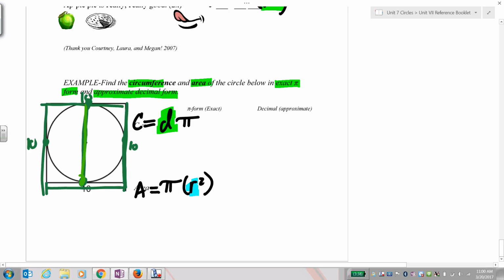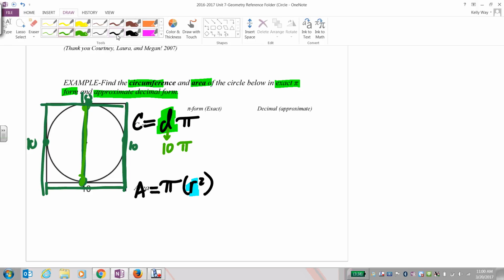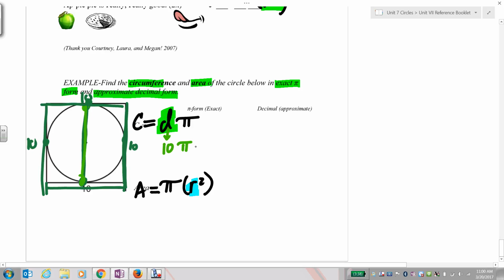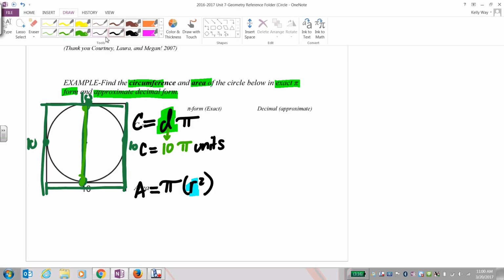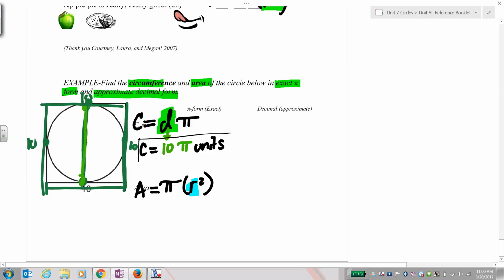Circumference equals diameter times pi, so that's 10 pi. We check for units. There's no units provided, so we say units. Circumference is equal to 10 pi units.